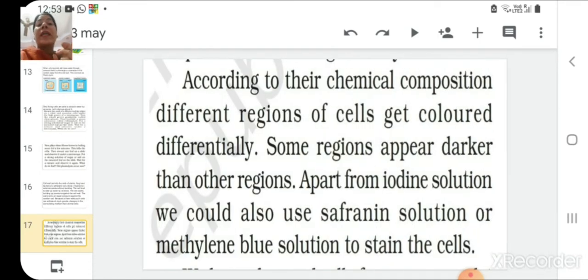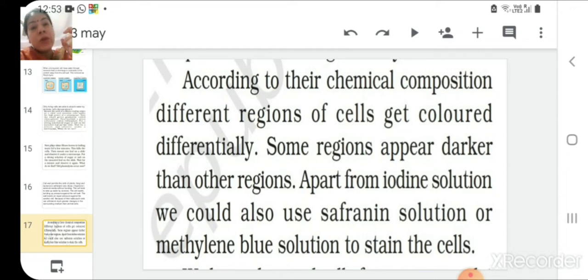According to the chemical composition of different regions of cells, different regions of a cell get different colors when they are stained. Children, let us go back to the first lecture when we were discussing visualizing a slide under a compound microscope.